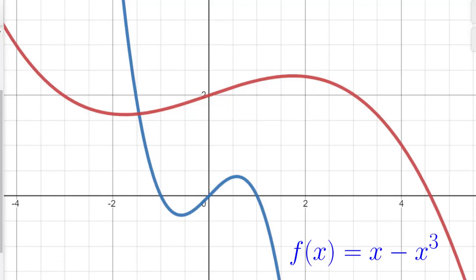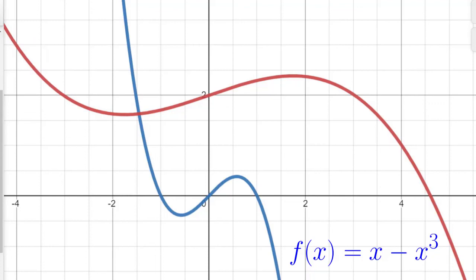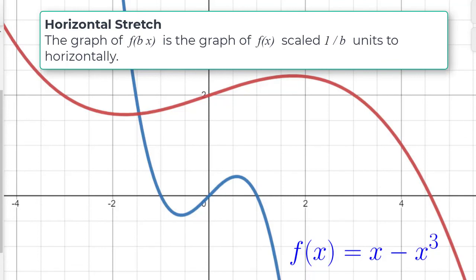So my question here is, what's the expression for this new red function? Well, what did we do first? We scaled it horizontally. Well, we know a horizontal stretch is given by multiplying the x by a factor. And the factor is actually the reciprocal of how much we stretched it. So we stretched it by a factor of 3, which means we're multiplying the x by 1/3.